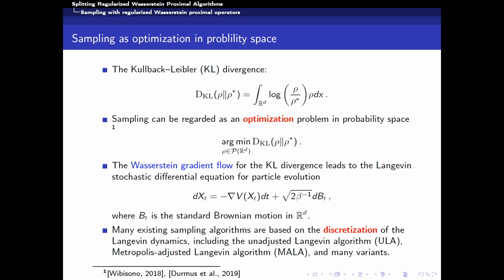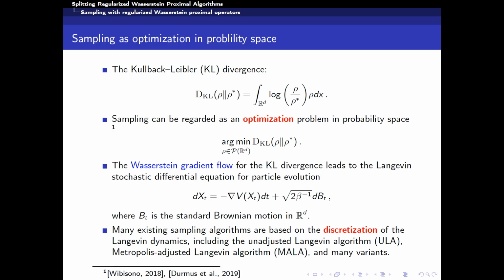And later you will see that the way we show the convergence of the algorithm is essentially using convex optimization tools to show some kind of decay of the energy term. So that's the way of thinking about the sampling problem as an optimization problem in the probability density space.